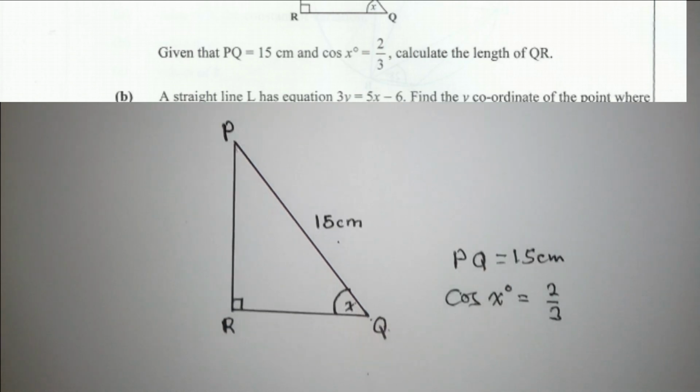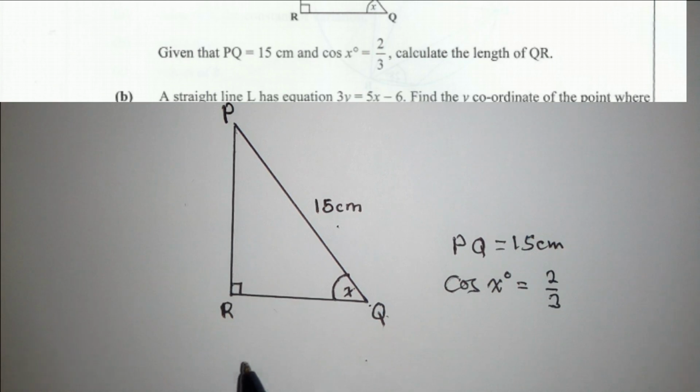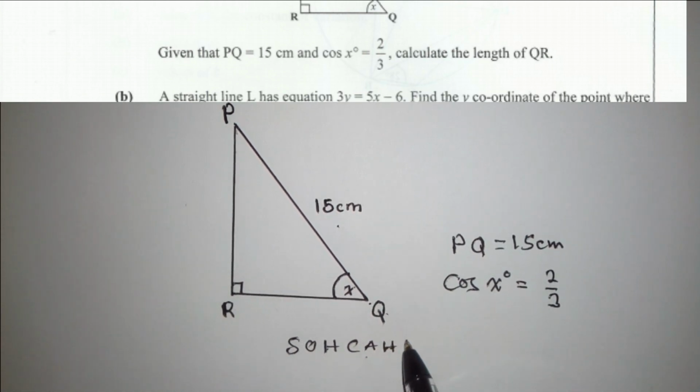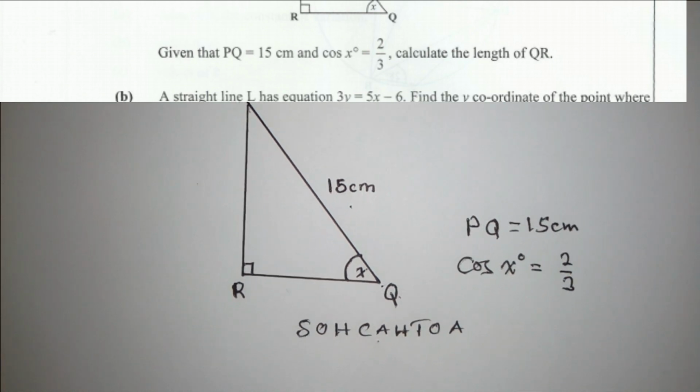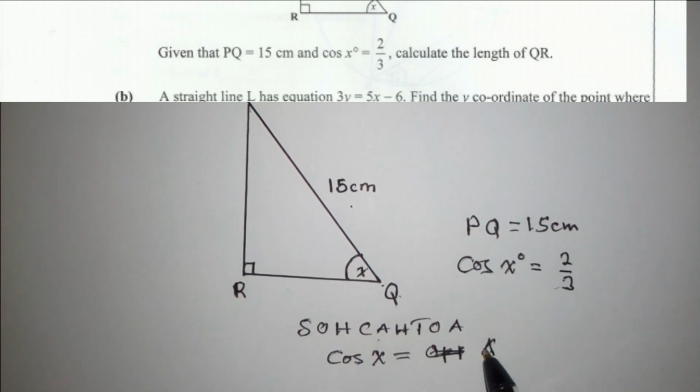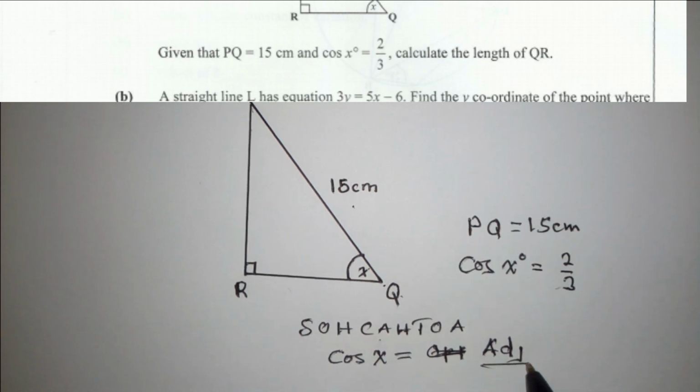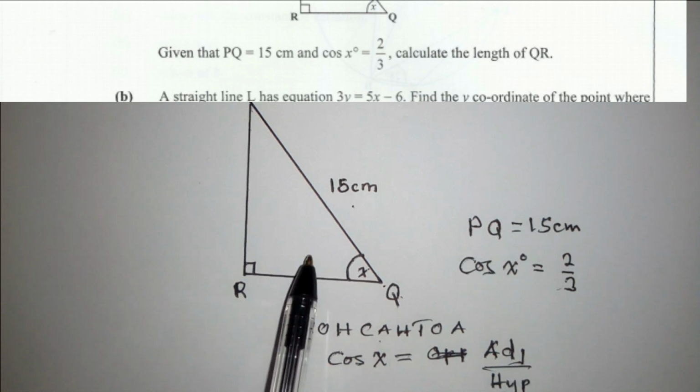So what are we supposed to do here? What we need to do, we need to use the idea of SOHCAHTOA. So this is the idea we need to use. So since they've given us cos, we know that cos x will be equal to adjacent over hypotenuse.